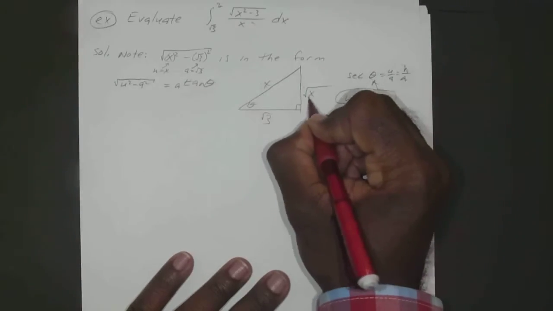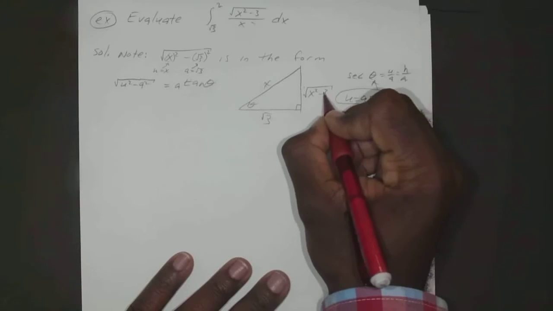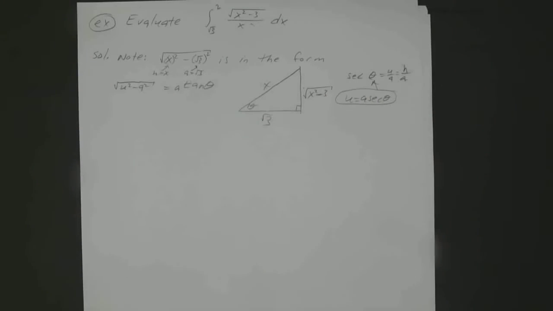So this gives you square root of x squared minus 3, with square root of 3 squared being just 3. Okay, I'm pretty sure this is it. Just accept it, even if it's wrong, leave it.